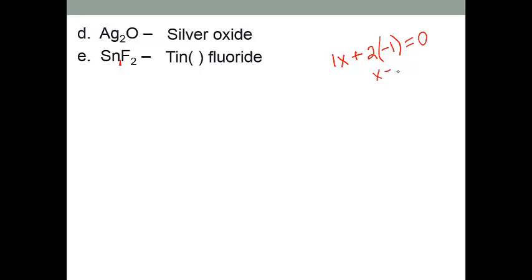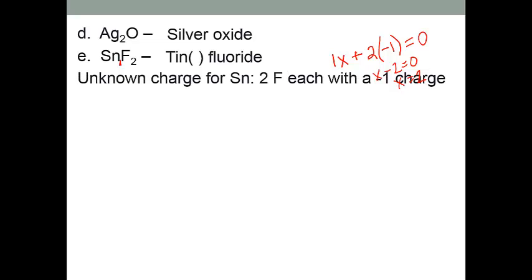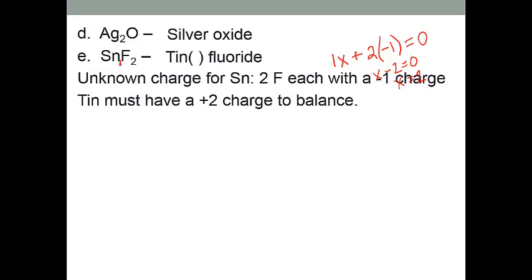So x minus 2 equals 0, and that means that x has a charge of +2. Your notes are going to go through and explain all of that too, how we have the ratio of 1 tin to 2 fluorines, and then tin has to have a positive charge, a +2, to balance that out, and so tin 2 in the parentheses fluoride.